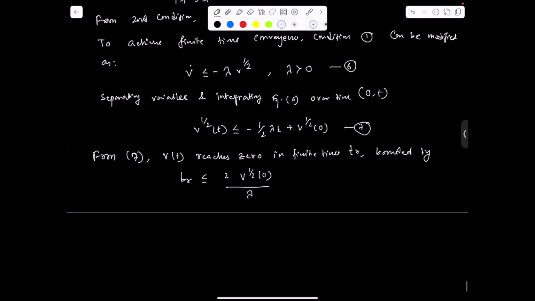So this is the expression for finite time convergence of the states. This is a very, very important solution.